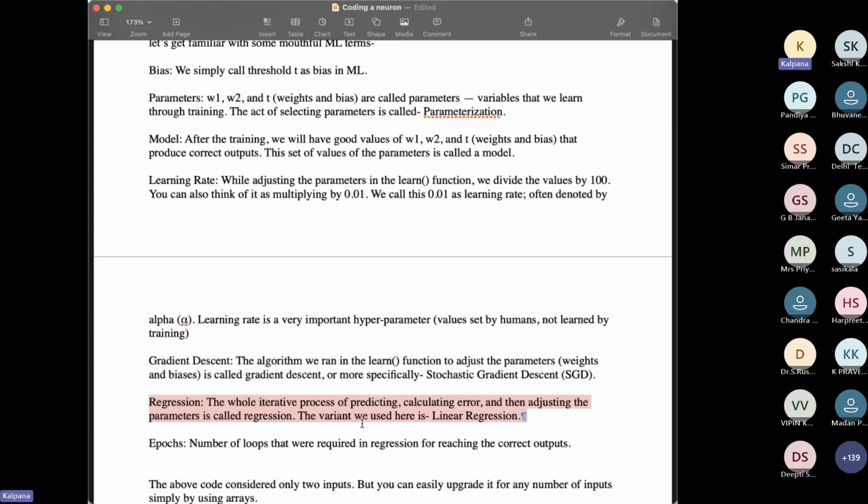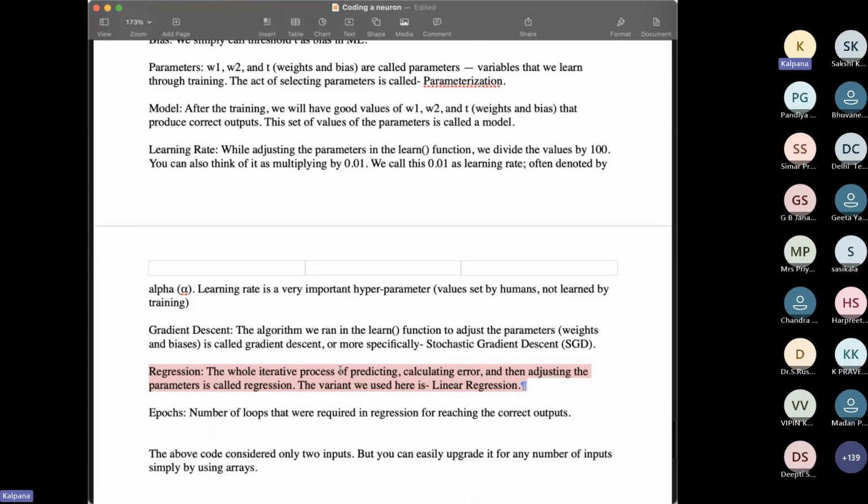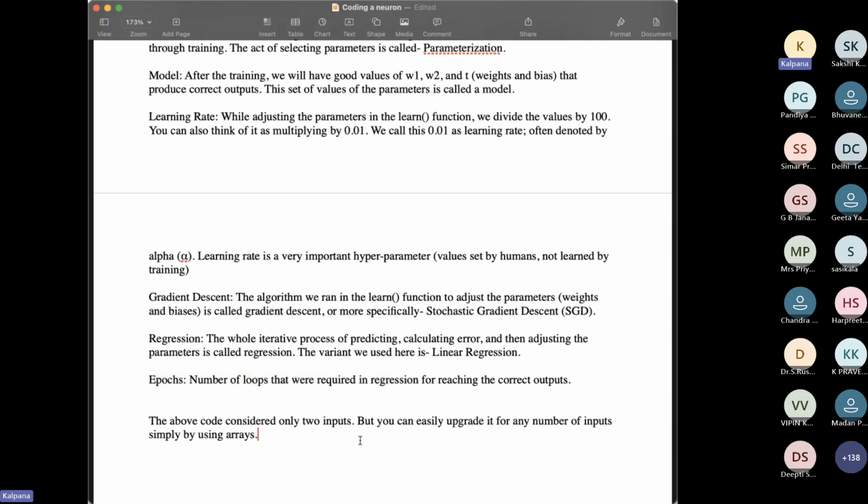We are training this neuron to do linear regression. The number of loops that happen for training and testing is known as epochs. So are the terms clear? Parameters, threshold, epochs, learning rate, gradient descent. कुछ समझ में आया? I hope something is clear in this case.